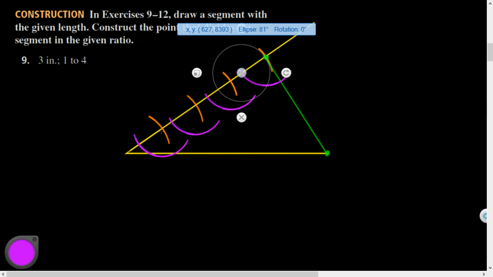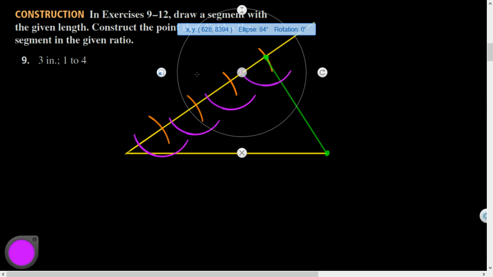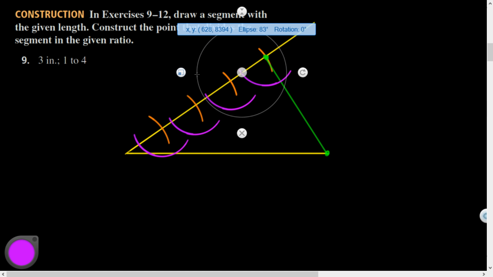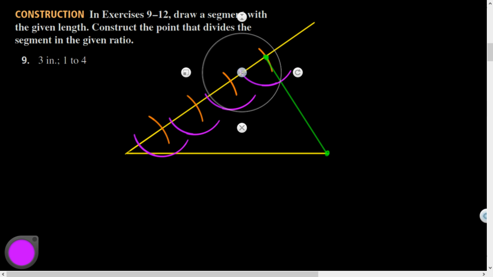All right. Now, with where that intersects that line, the purple-yellow intersection, I'm going to resize my compass, but not arbitrarily. I'm going to resize it so that it intersects purple-green. All right, something like that. The only purple-green intersection is right here. Let's see.